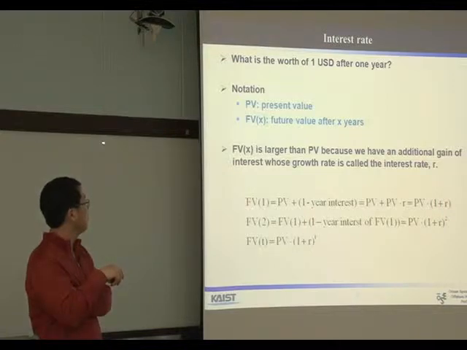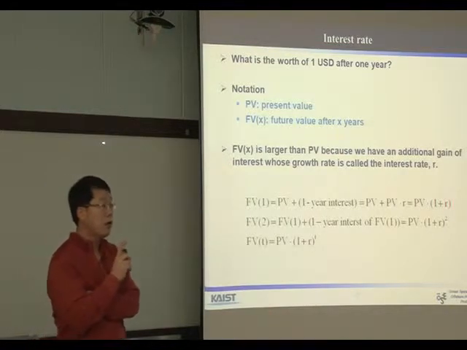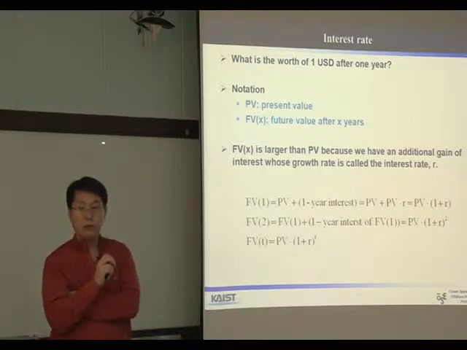Future value 1 year later is equal to PV plus interest rate. So this is the equation. So if the interest rate is 10% per year, $1 right now is $1.1 after 1 year.